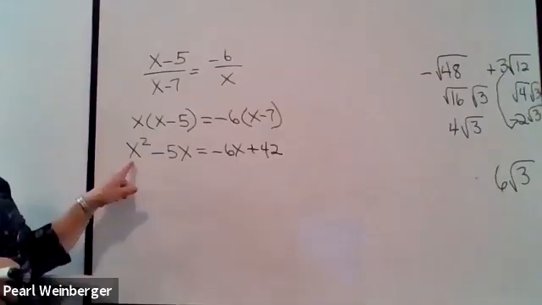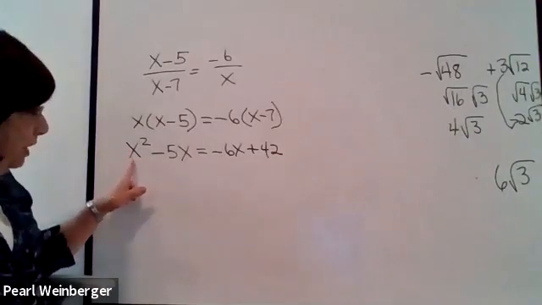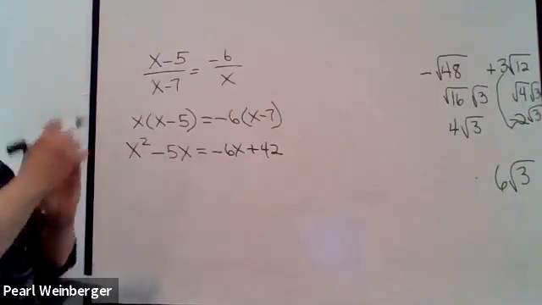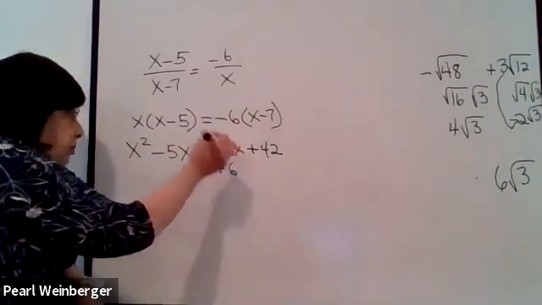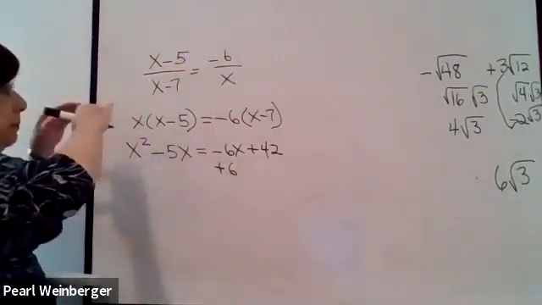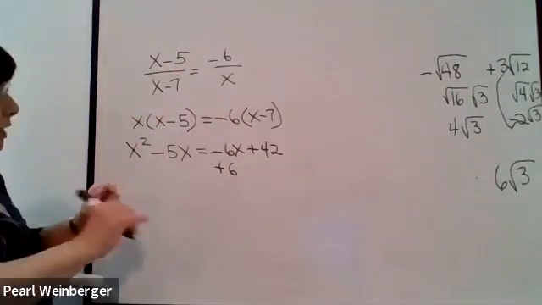But I know I have to get it equal to 0 because I have an x squared. It is a quadratic equation, which means I want to get everything to one side equaling 0. So the first step is just cross multiply. The second step is simplify, get rid of parentheses, regular equations.